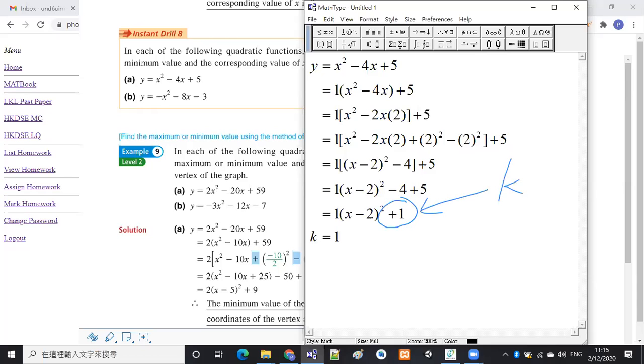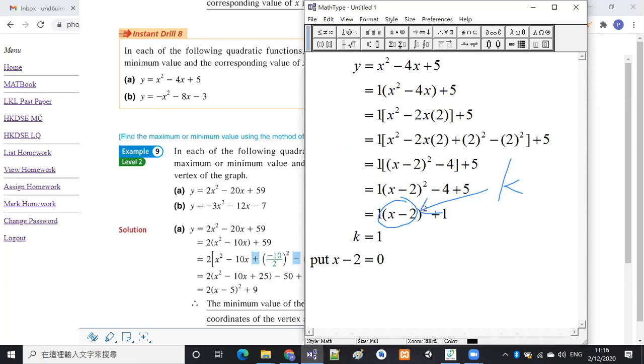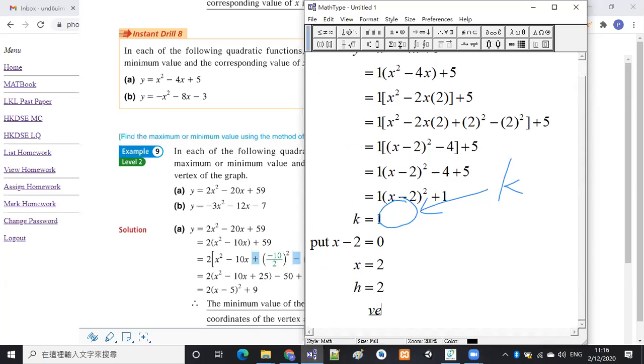And then when we want to find out the h value, we need to put x minus 2 to be 0. Okay, and then you calculate the value of x, and x is equal to 2, which means that the h value is also equal to 2. It's okay. So the vertex is (2, 1).